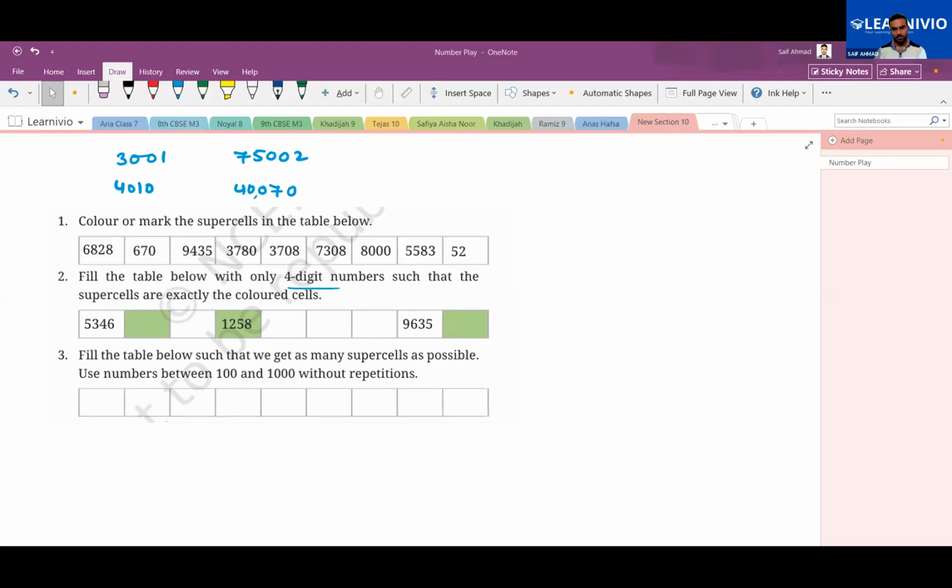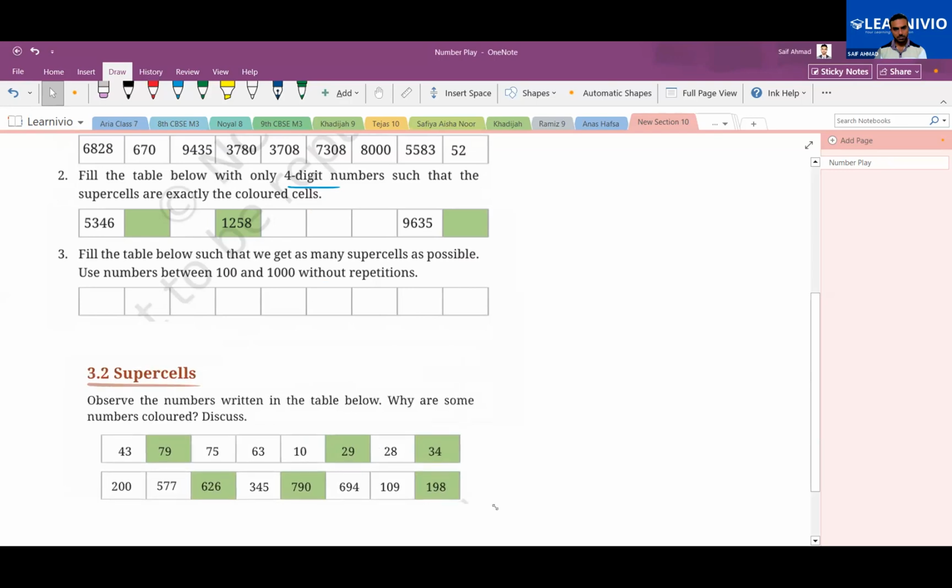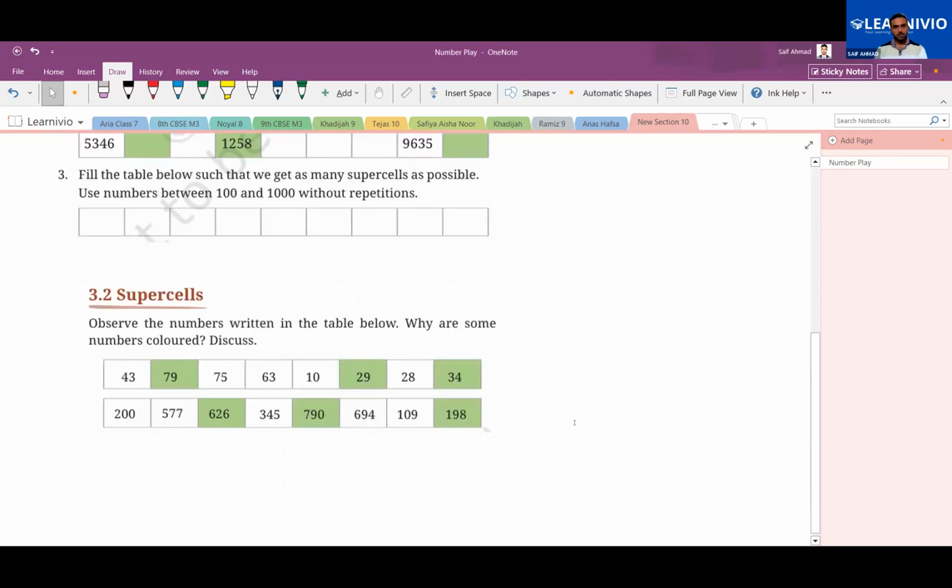See here. Observe the numbers written in the table below. Why are some numbers colored? Discuss. Why are these numbers colored?